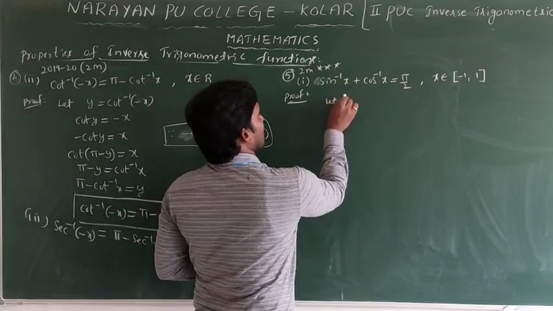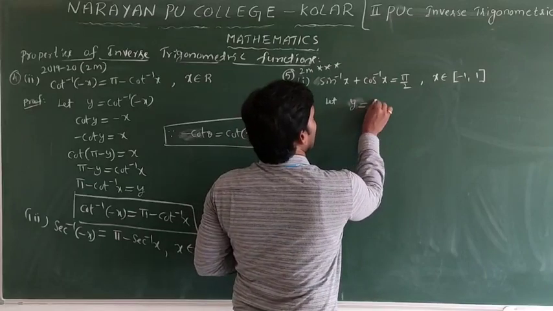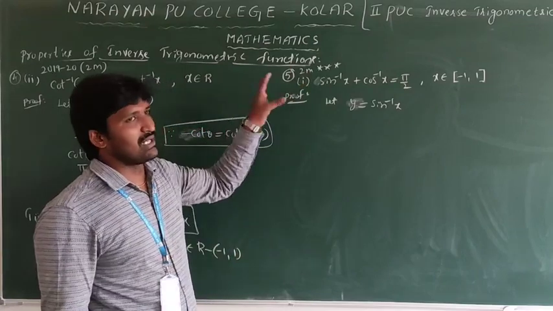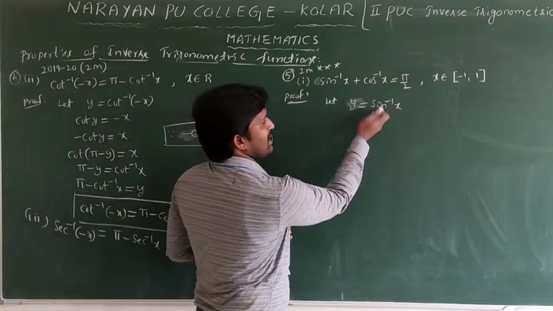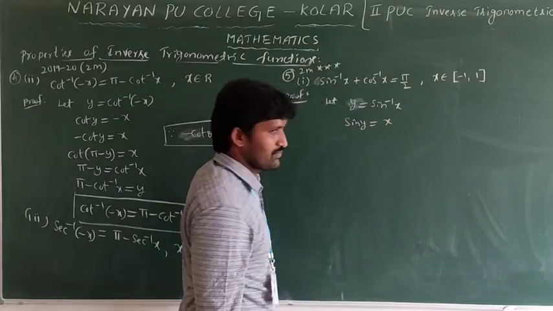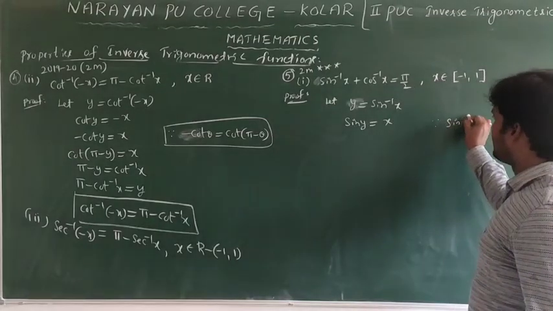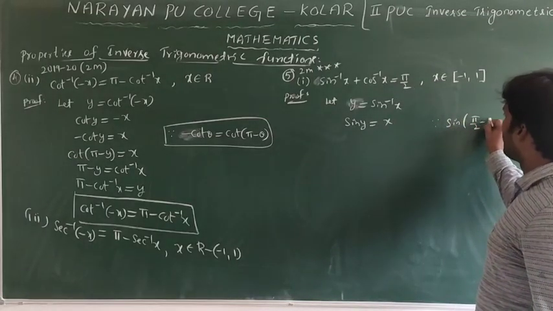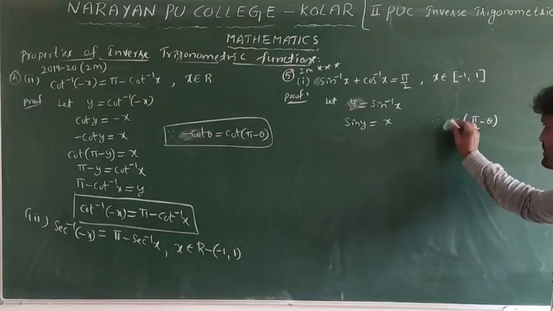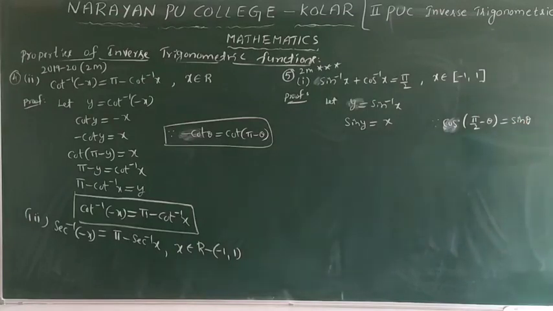First take any one function. Let me take y equal to sin inverse x. From this we will get the total equation. Take sin inverse to the left side, it becomes sin y equal to x. Already we know cos of pi by 2 minus theta gives sin theta.